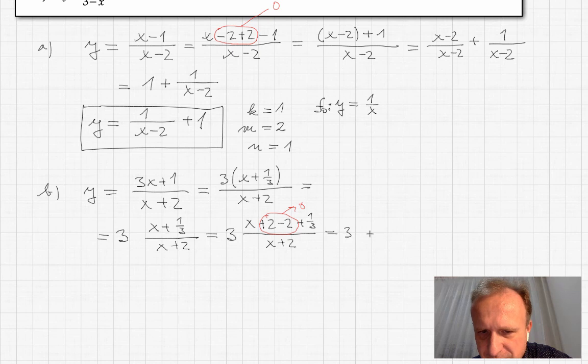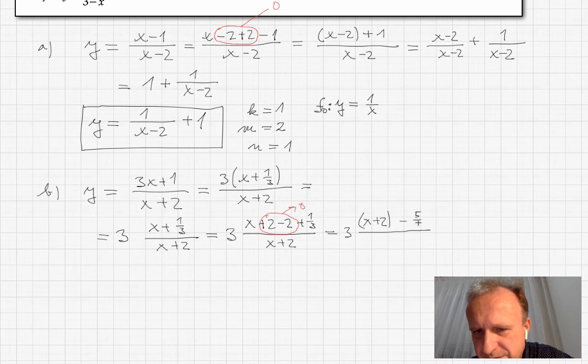So it's 3 times, and now I have x plus 2 as the first part of the expression, and there is minus 2 plus 1/3. Minus 2 can be represented as minus 6/3 plus 1/3. Minus 6/3 plus 1/3 is minus 5/3.